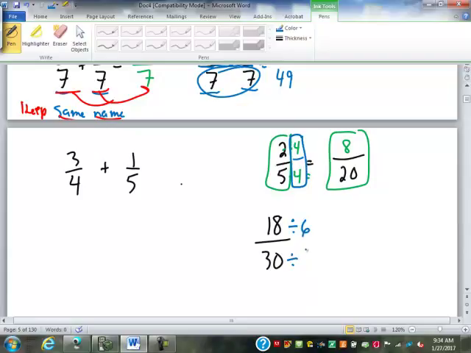Okay, 6. Now, some of you may not have seen 6. I heard somebody whisper 2. 2 would be fine. 3 would be fine. We've always been told you've got to find the largest number that goes into both of them. It's not true. Any number that goes into both of them will work. You may just have to repeat the process until you're done. 18 divided by 6 is 3. 30 divided by 6 is 5. That's 3/5.